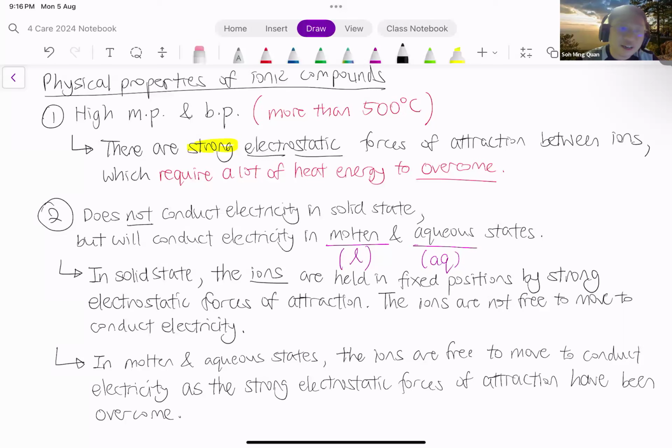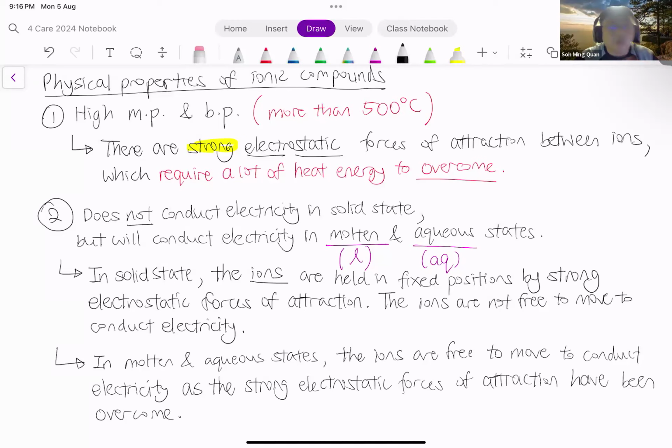And finally, we appreciate that ionic compounds are made up of metal and non-metal. Such compounds have unique physical properties like high melting point, no electrical conductivity in the solid state, but high electrical conductivity in the molten and aqueous states. And this is how you explain these properties.